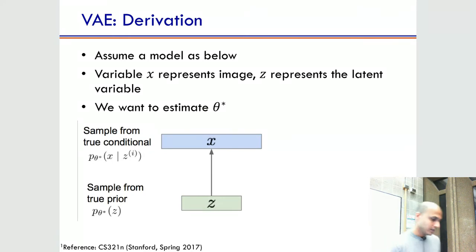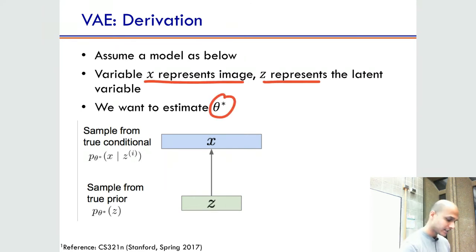So what is the model? Now let's get into the model part, because there is some joint distribution between x and z that I'm assuming. x represents the image, z represents this latent variable. Both are going to be random variables. We want to estimate theta star. And what is theta star? It's the conditional probability of x given z.